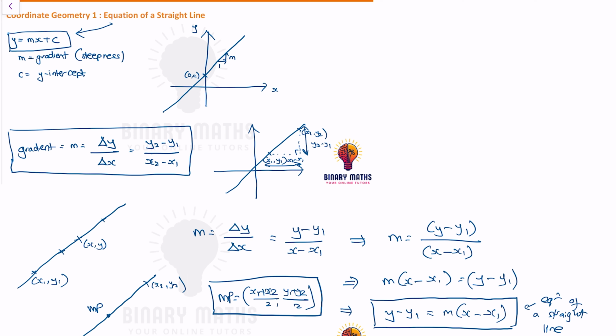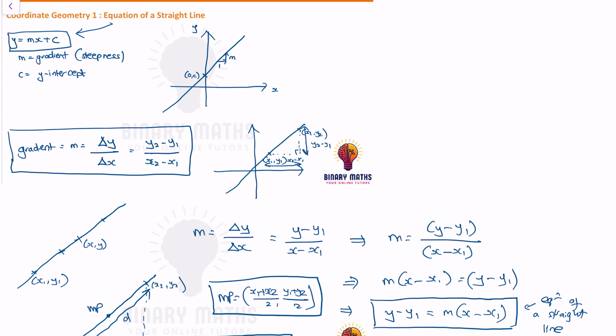And if I want to work out the distance between 2 points, as a result of Pythagoras, if I draw a right angle triangle, then I know a squared plus b squared is equal to c squared. So I have the difference between the x coordinates squared plus the difference between the y coordinates squared.